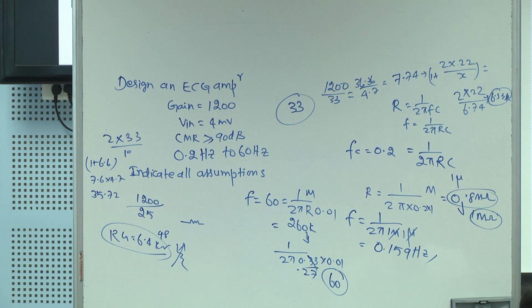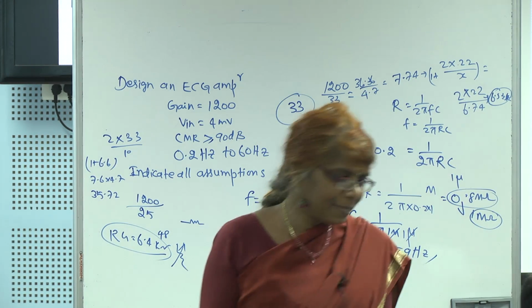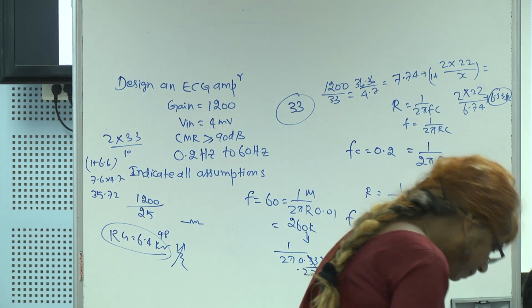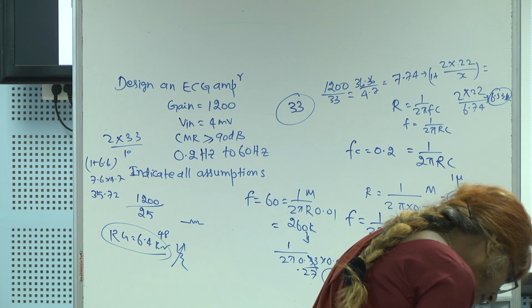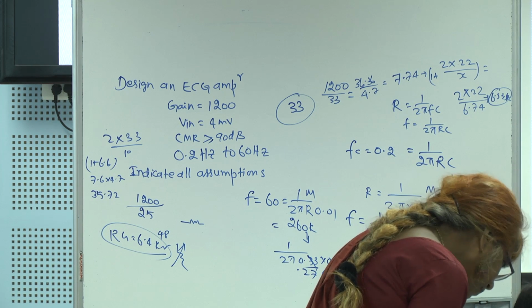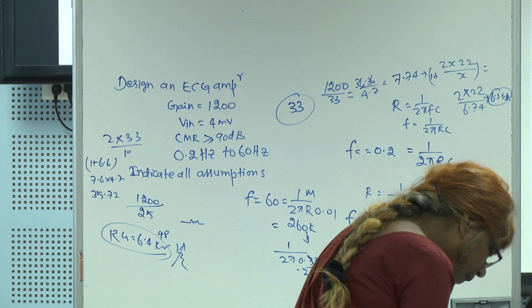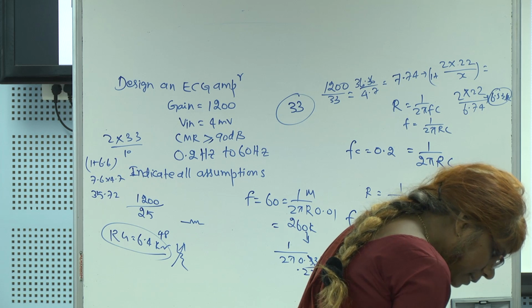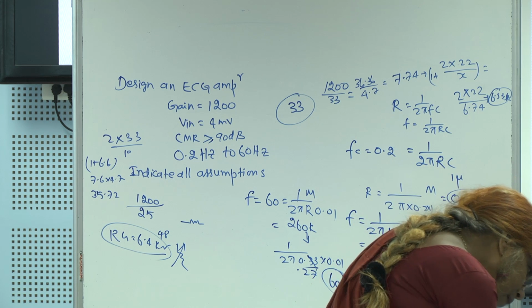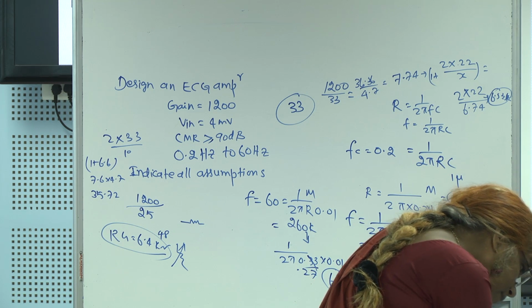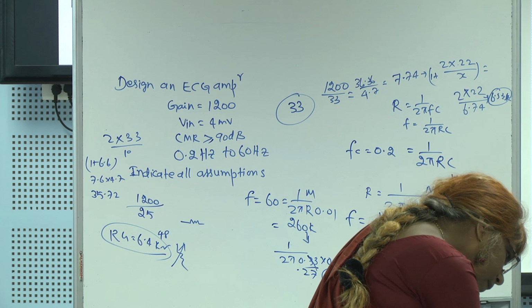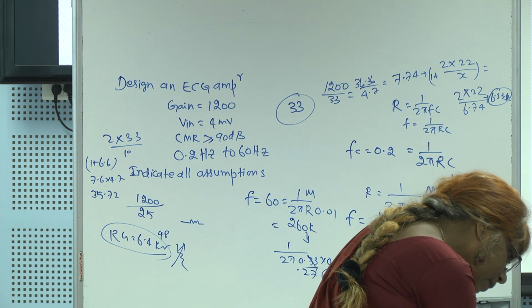Okay, I see one got it. Where are you? I was earlier doing this, it's all done, we assume the op-amp has it. If you use 1 microfarad, did you get 59?